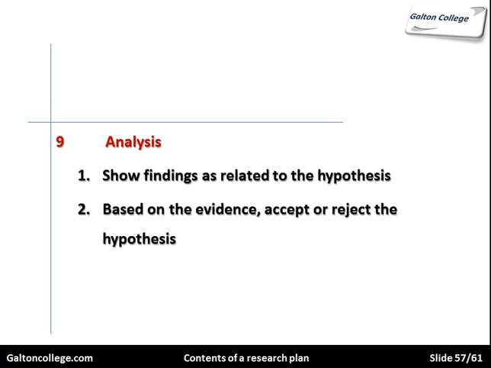So the hypothesis is what's been tested. The practical analysis that was conducted in the previous section links to that hypothesis. And in the analysis, the hypothesis is accepted or rejected. And that's the finding of the research.